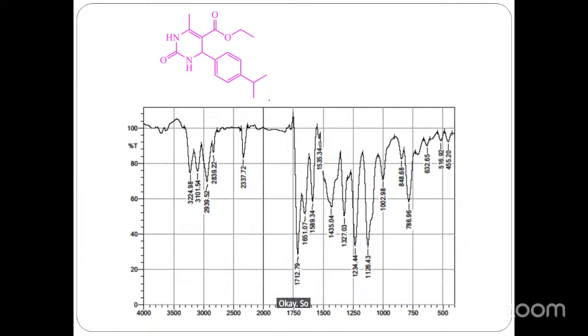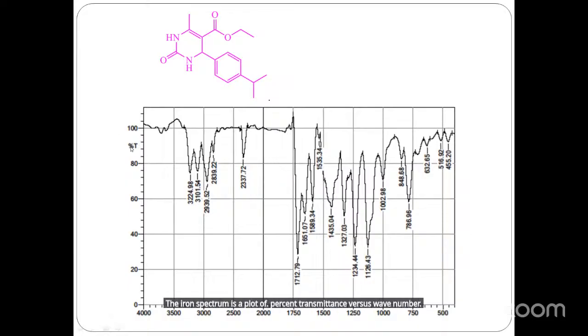So dear research scholars, we have different sets of frequency. First of all, let me tell you that the IR spectrum is a plot of percent transmittance versus wave number.